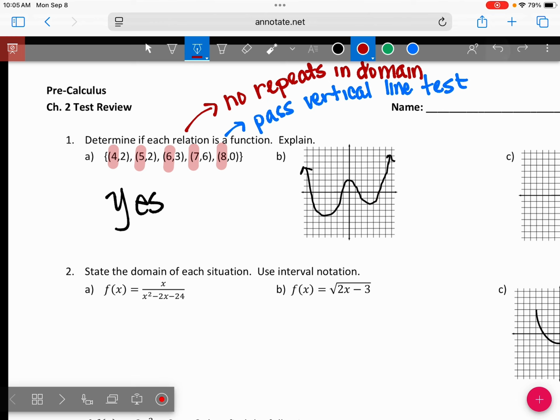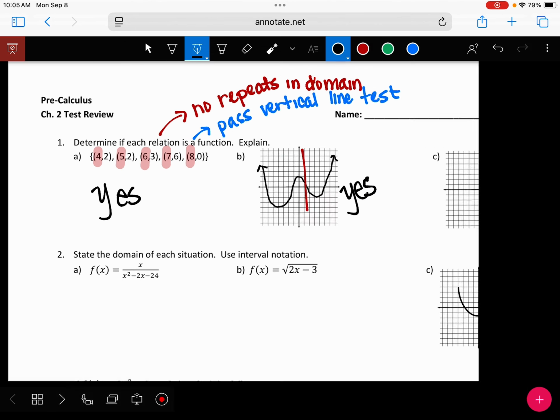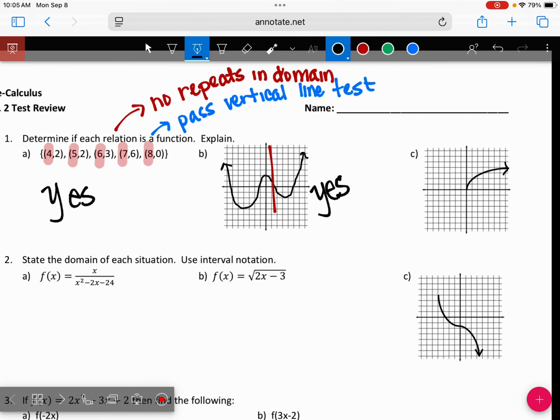It's always only going to cross it once, so that is also a yes. And for graph C, which is a square root function, when I draw my line, it only crosses it once. I can move it, it still will only cross it once. So on our review, all 3 are functions.